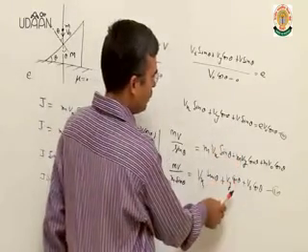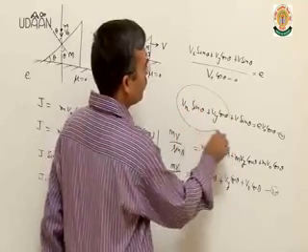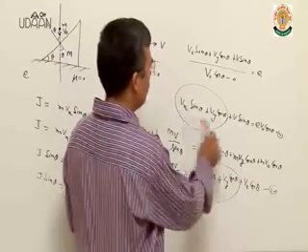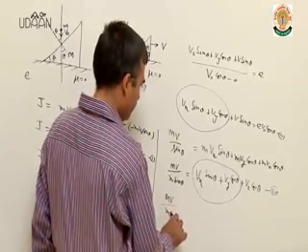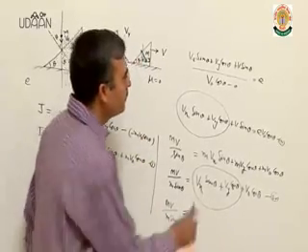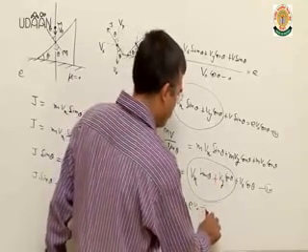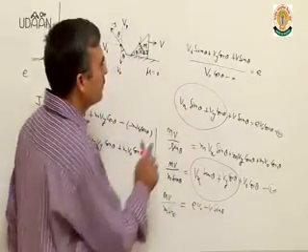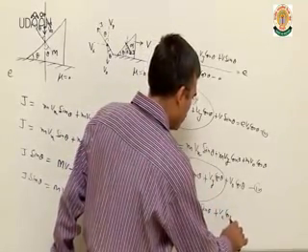Now from the third and fourth, if you put the value of this portion in place of this, you will get capital MV over small m sin theta equal to e v naught cos theta minus V sin theta plus v naught cos theta.